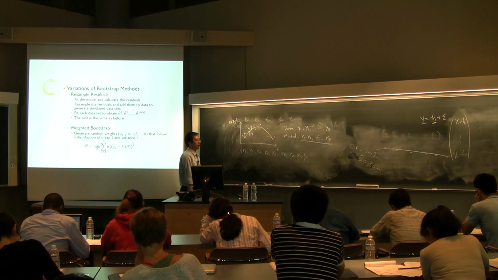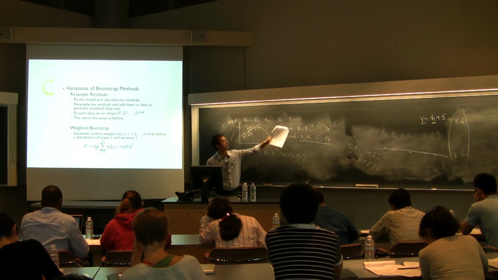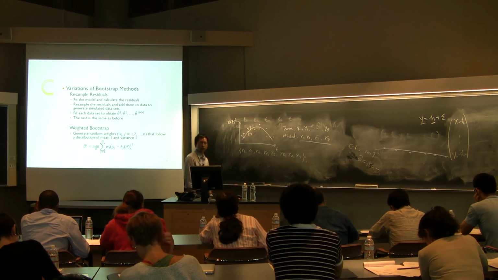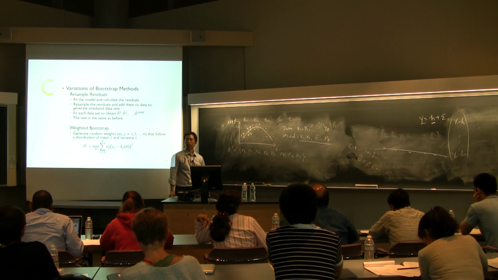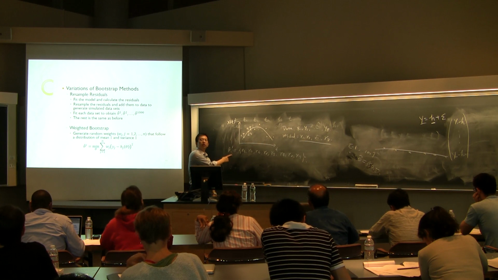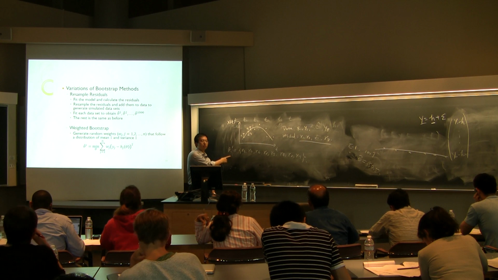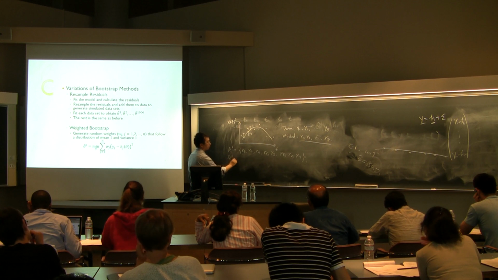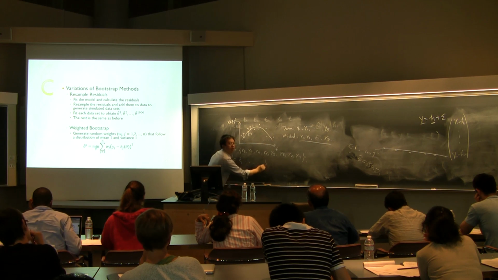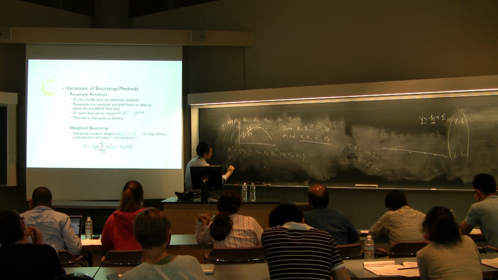Since I'm not resampling the data but the residuals, I get our first set of resampled residuals, R1. You can do the same thing to create R2, up to R1000.